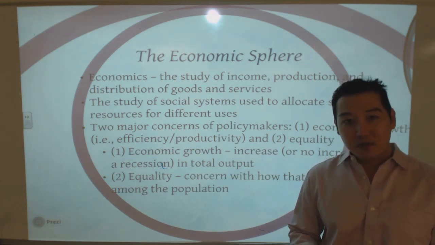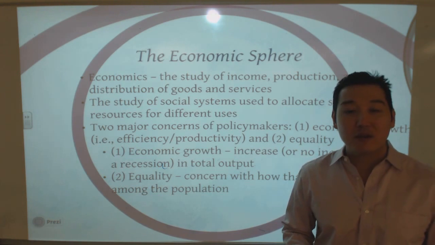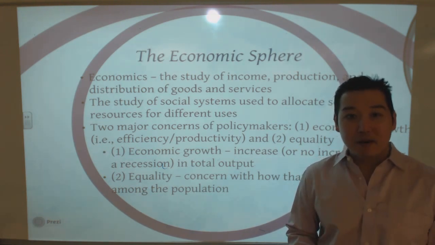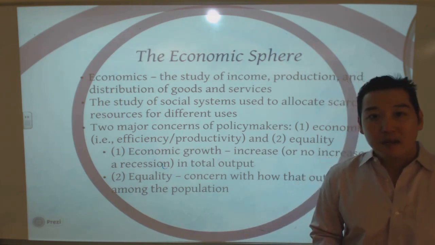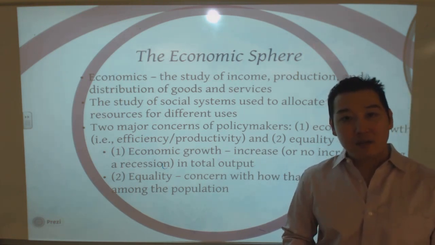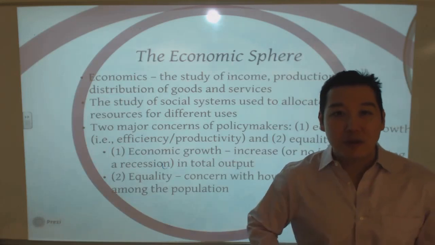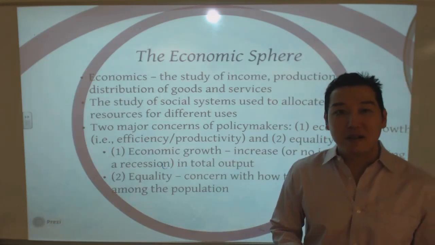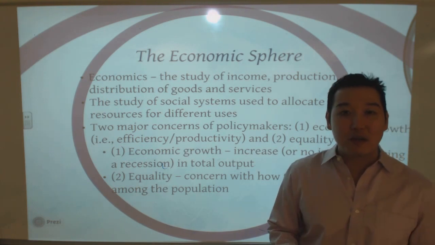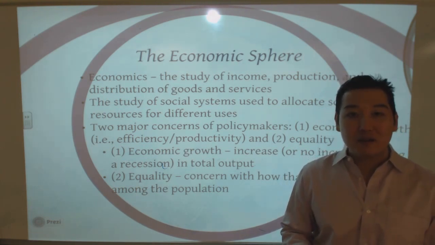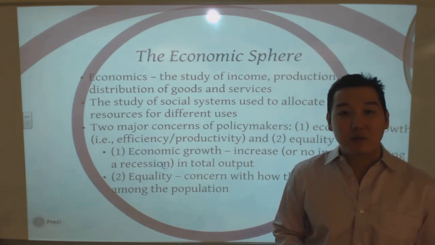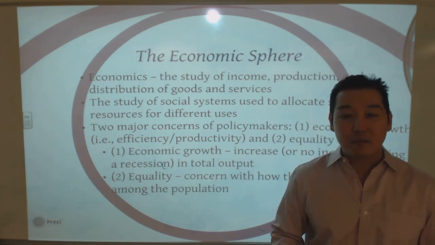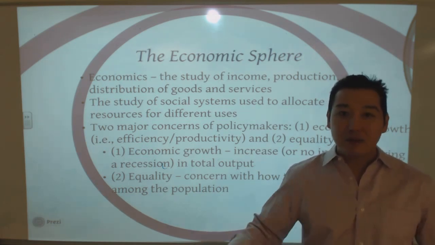There are a couple of major policy concerns for legislators and policy analysts for that matter, but they revolve around equity and efficiency. And so without getting into deeper definitions of these terms, I'll just talk quickly about how these things are measured. In terms of efficiency, the typical indicator used by policy analysts is GDP, which stands for Gross Domestic Product, and that refers to the total value of all goods and services that are produced in a given economy within a given period of time.